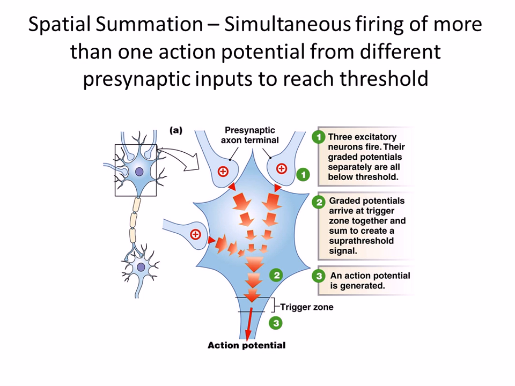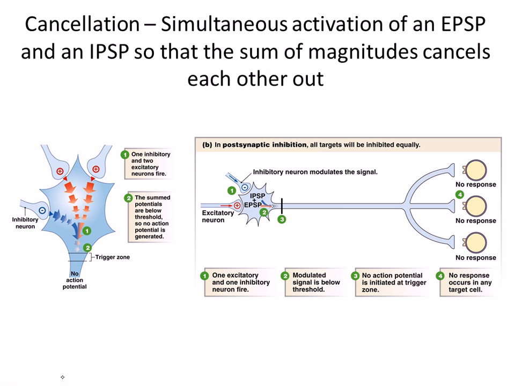It's like when everyone's whispering at the same time, it sounds like the room is on fire. So here, we're using multiple presynaptic inputs that are occurring at the same time, resulting in enough stimulus to hopefully bring us to threshold.